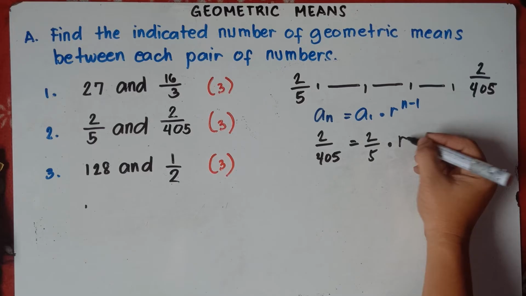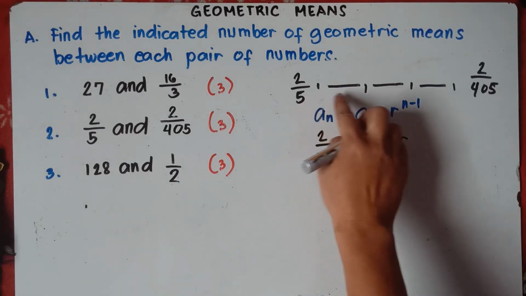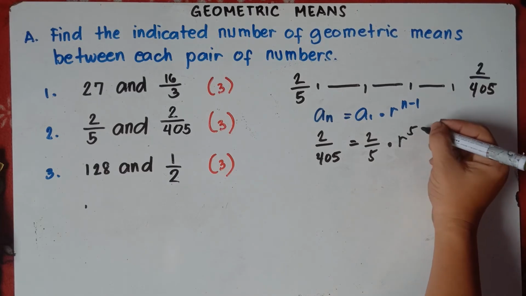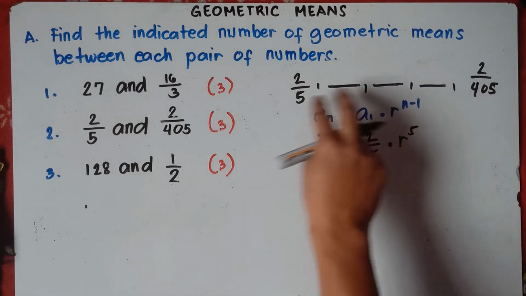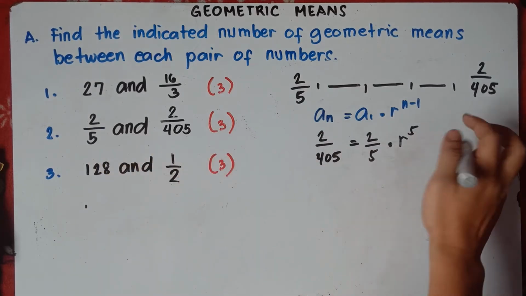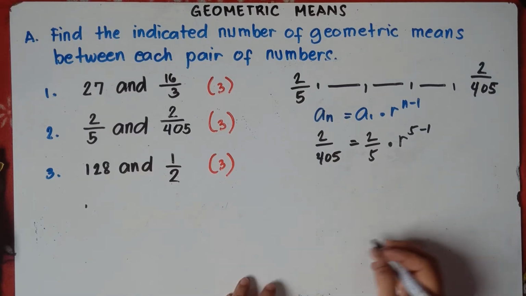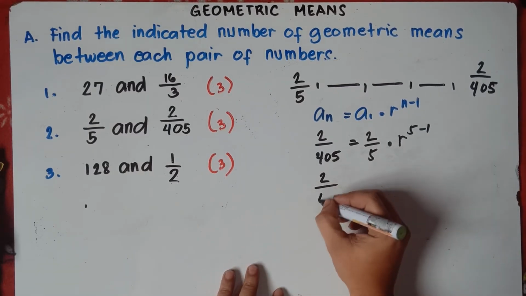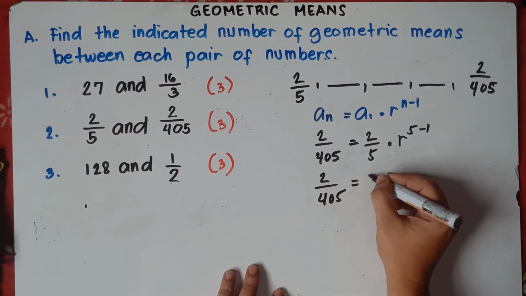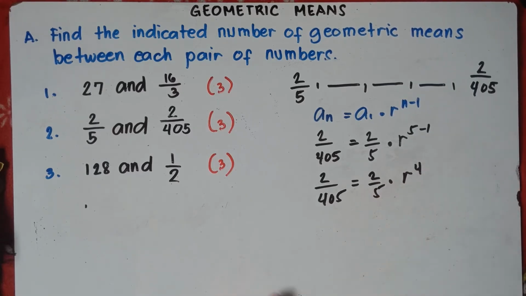We don't have the common ratio; we're told to find that. n is the number of terms. We have 5 terms, since we inserted 3 terms between these 2 terms, so 5 minus 1 from the formula. So 2 over 405 equals 2 over 5 times r raised to the power of 4.